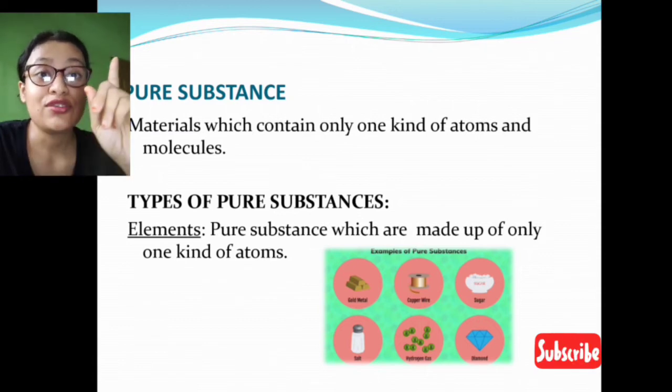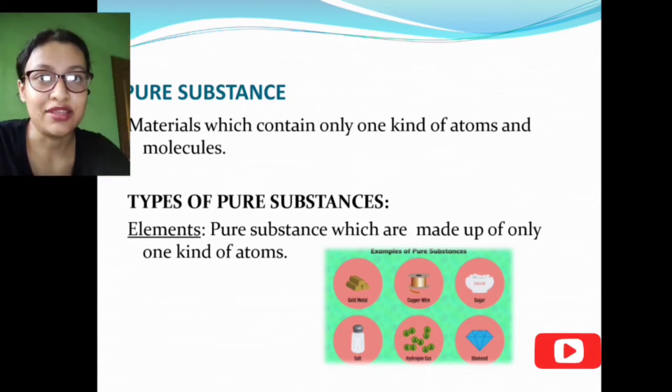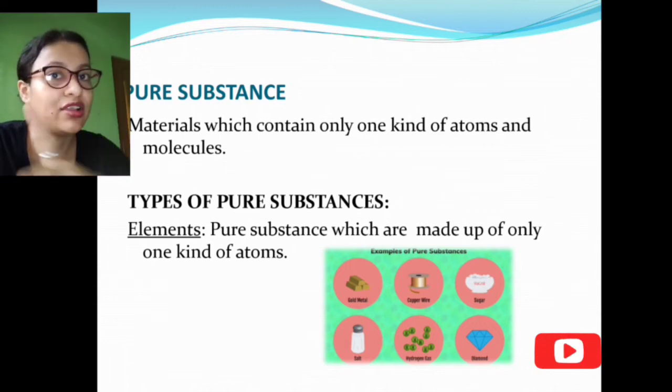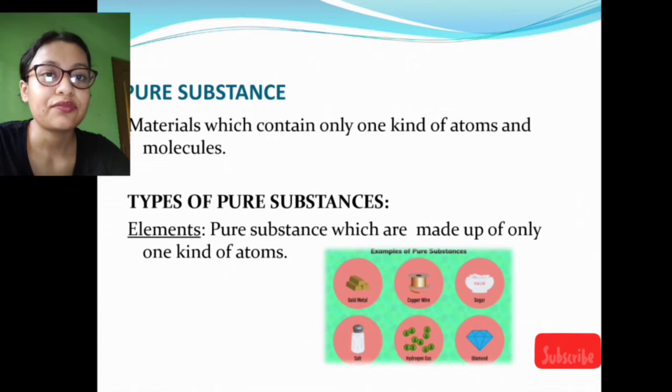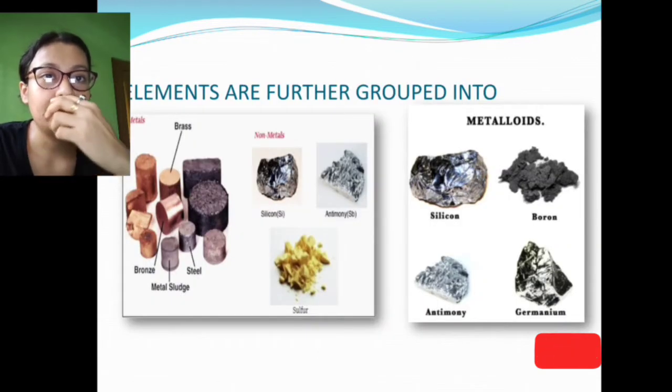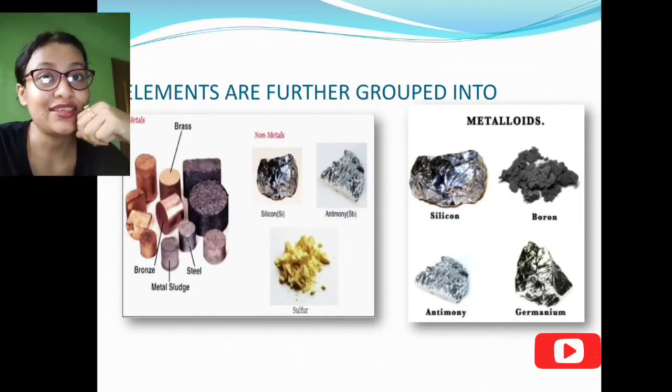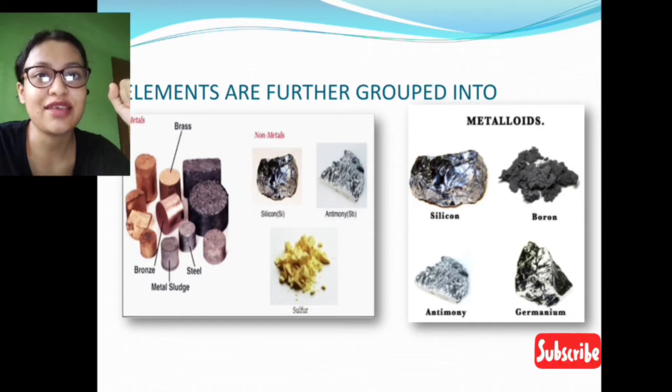These elements are grouped into three types, that is metals, non-metals and metalloids. You can see here in the pictures the metals, non-metals and the metalloids.